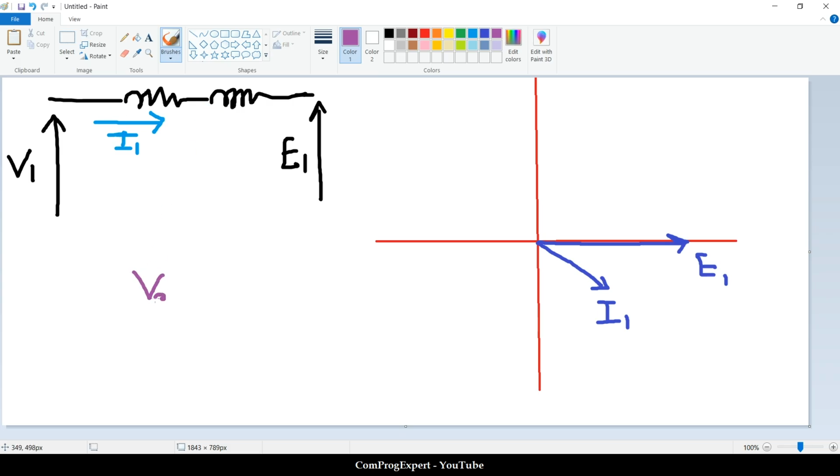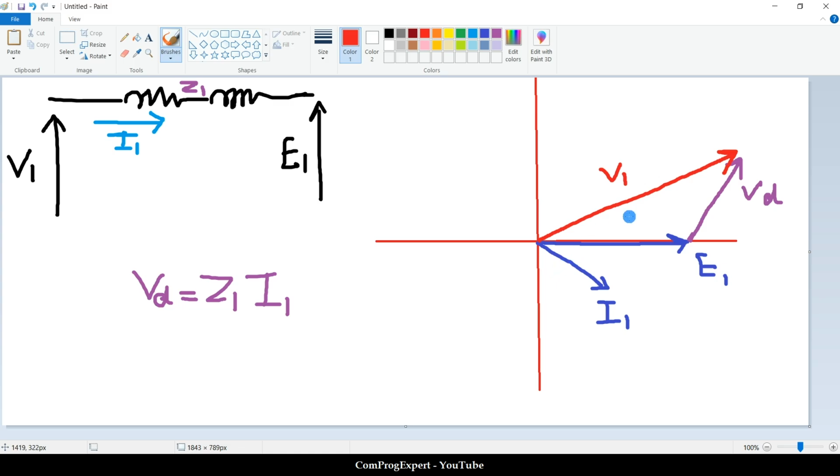The voltage drop is equal to Z1, the impedance of the primary winding, times I1. So this is the voltage drop, VD. Okay, the voltage drop. And what is the value of V1? V1 is this phasor.